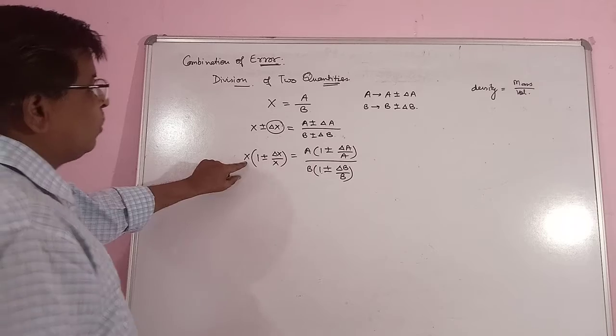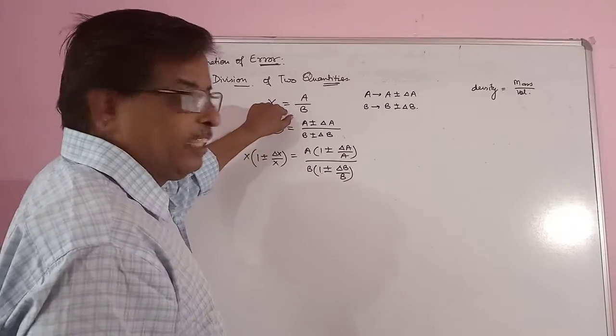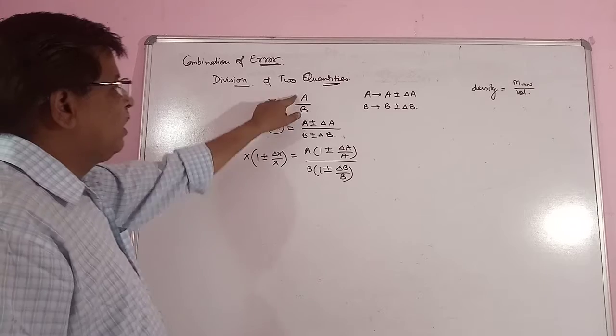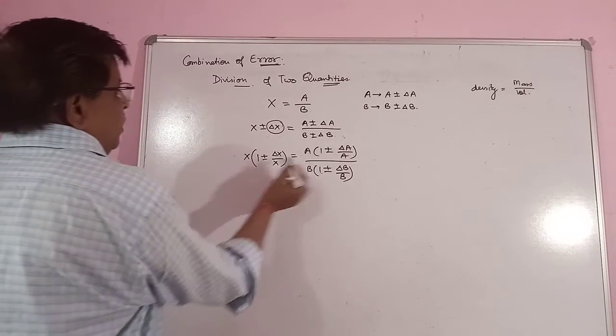Since X equal to A upon B, we can cancel it.